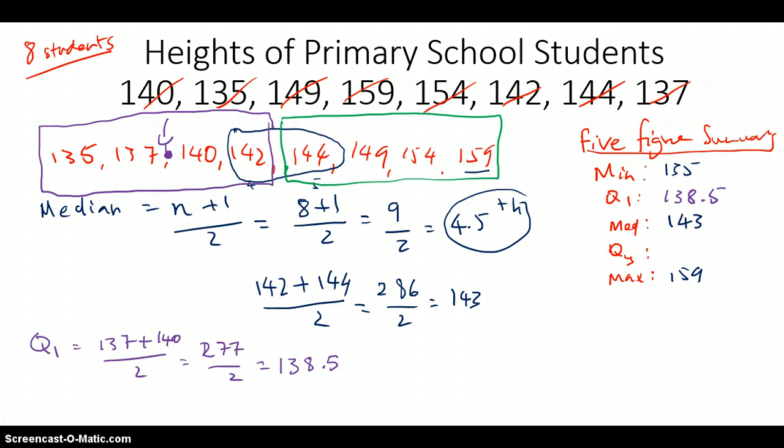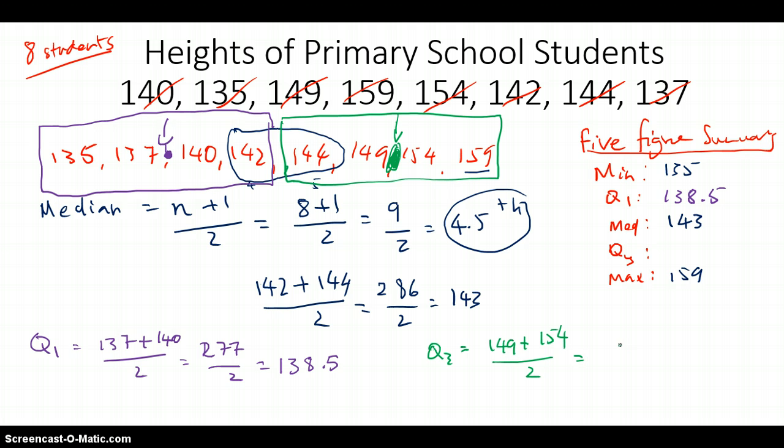Alright, now let's do the next one. So let's find what Q3 is. To find what Q3 is, we need to find the middle of this top section. We can't just say the middle here, we need to actually calculate this value that lies right there, because there's 4 numbers. So Q3 is equal to 149 plus 154 divided by 2.